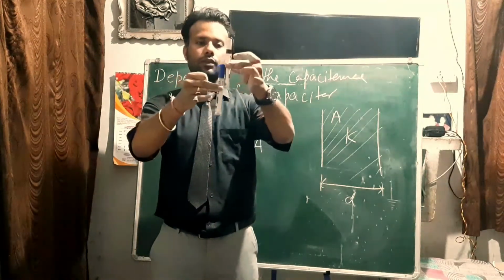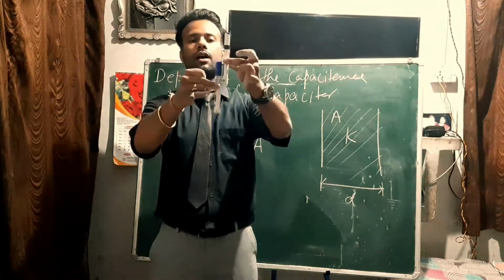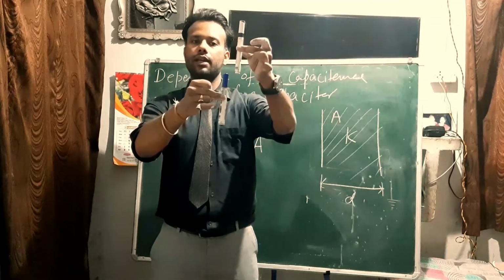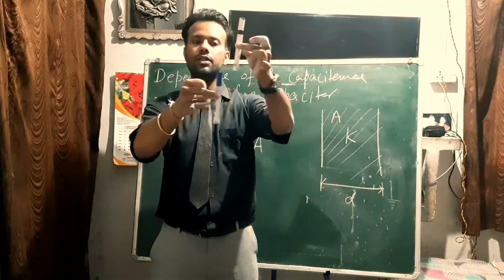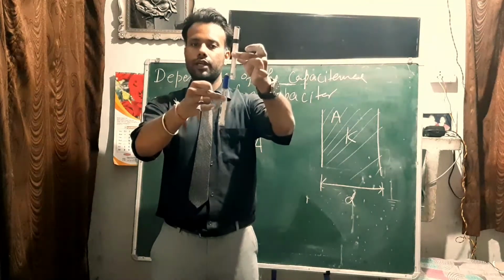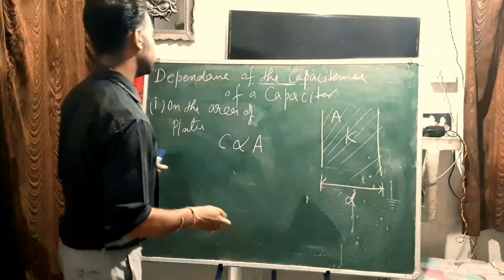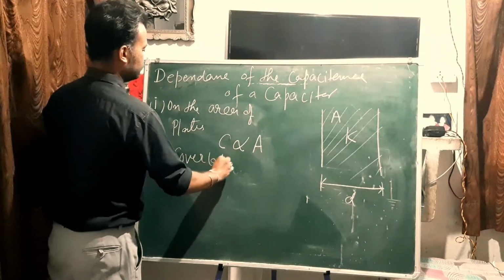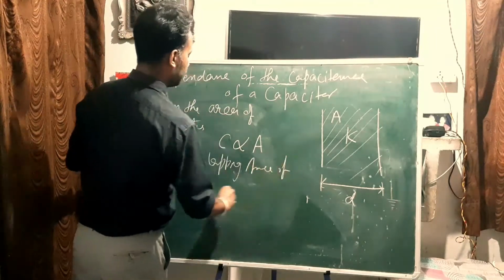So if the plate is like this, the overlapping becomes half and the capacitance decreases. Now here you can see that the area is still A, but these two plates are not overlapping each other, which means there will be no capacitance, right? So this is basically the overlapping area of plates.